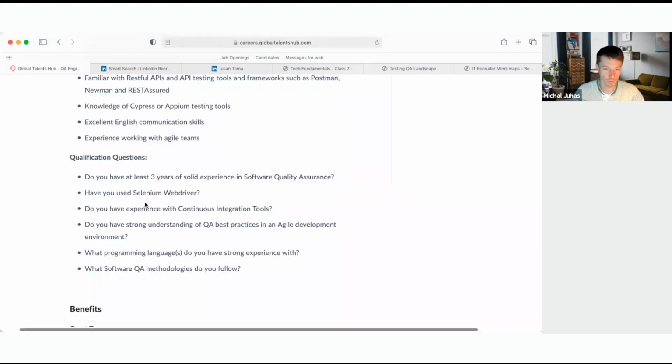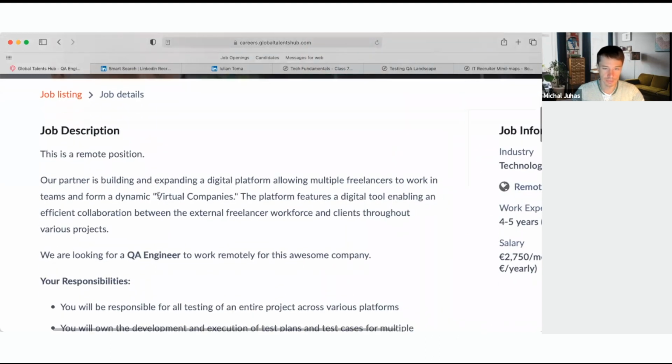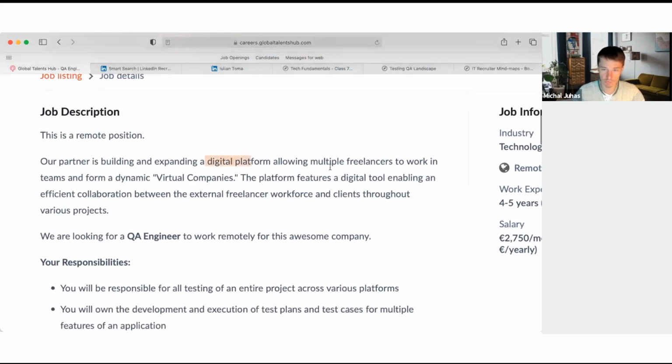And while you are thinking, I'll just remind you that this company is building a digital platform for freelancers, so something like Upwork or freelance.com, but where these freelancers can get together and create some virtual companies. So on Upwork, every freelancer works individually, but here they can form a team and work together.